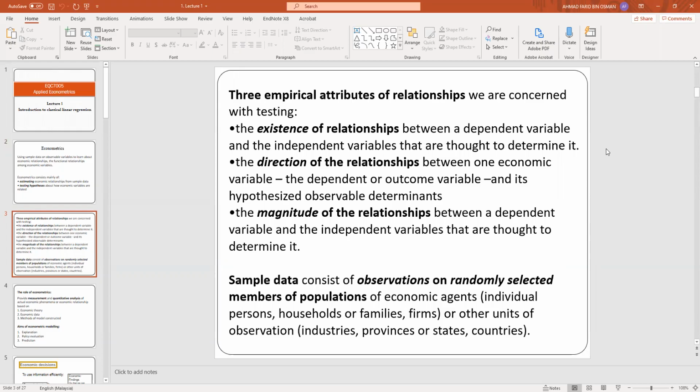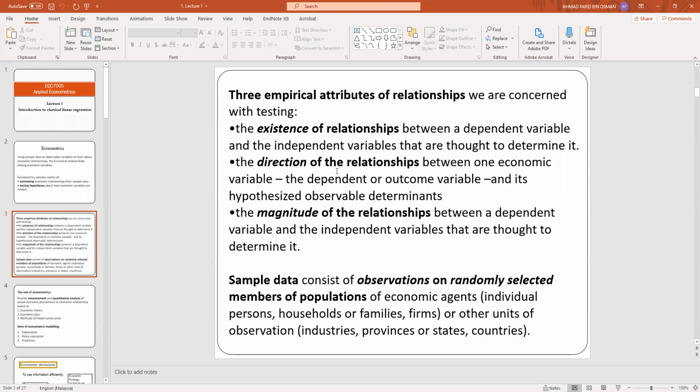And the second one, if the relationship between Y and X exists, we would also like to know the direction of the relationship between the dependent or outcome variable and its hypothesized observable determinants. And then the magnitude of the relationship. So first we would like to know whether the relationship exists or not, and then, if it exists, the direction, whether it is positively or negatively related.